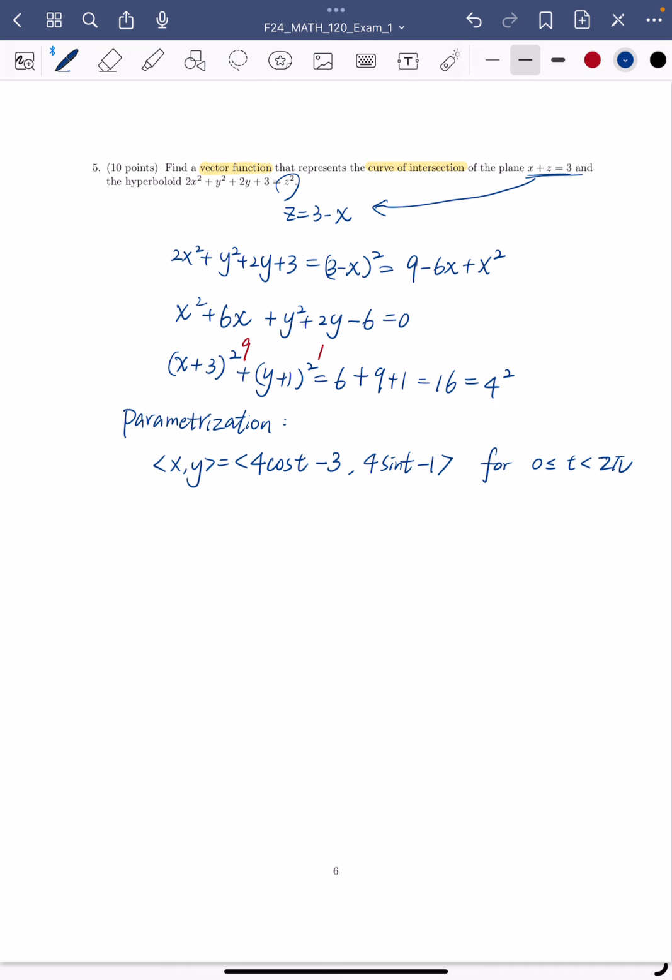Okay. Now the parameterization of the vector function we want is we plug in the x and y.